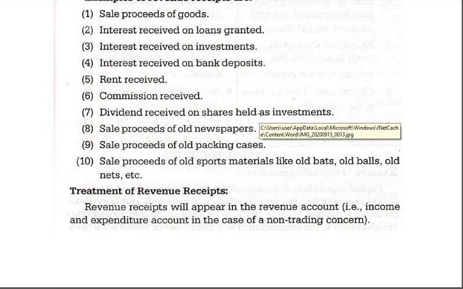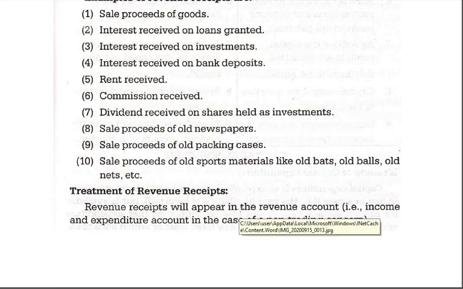So in the next video, we are going to study what is meant by capital expenditure and revenue expenditure, and also we are going to study further deferred revenue expenditure.